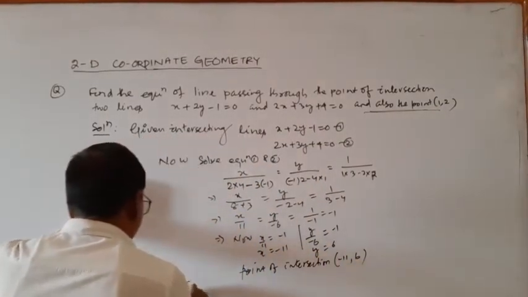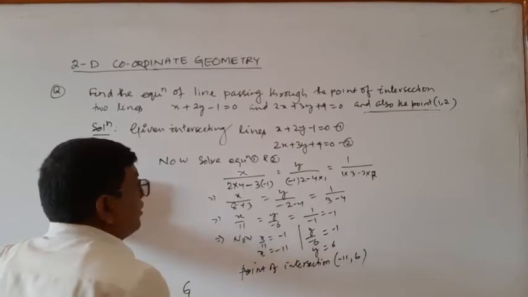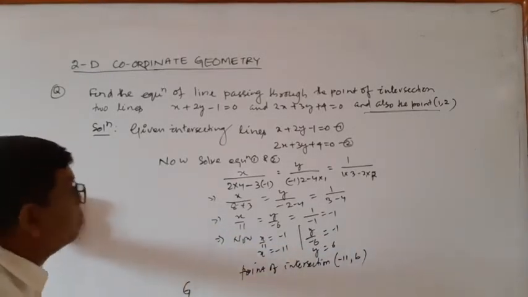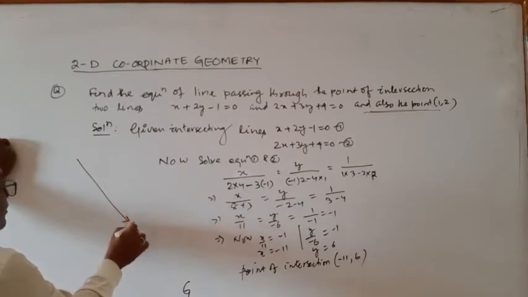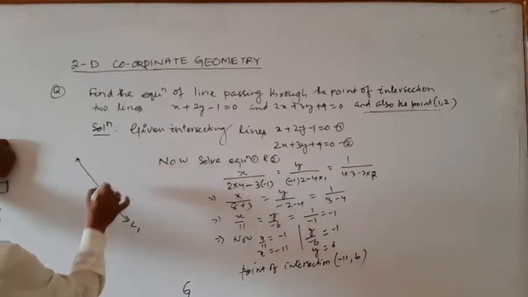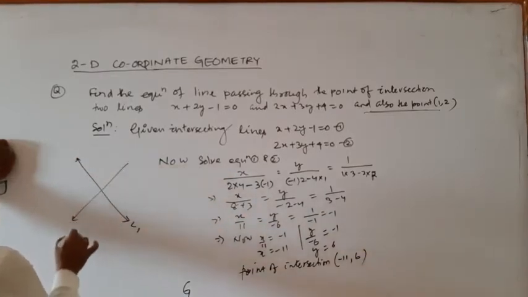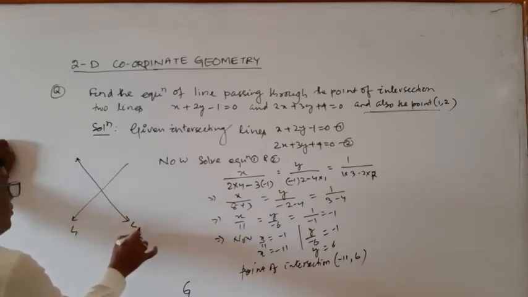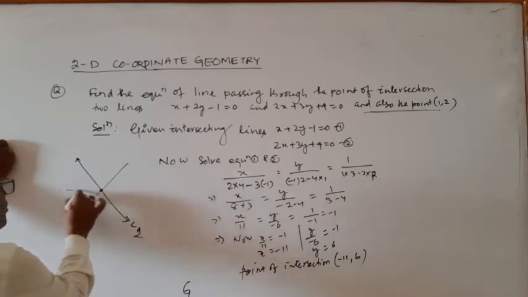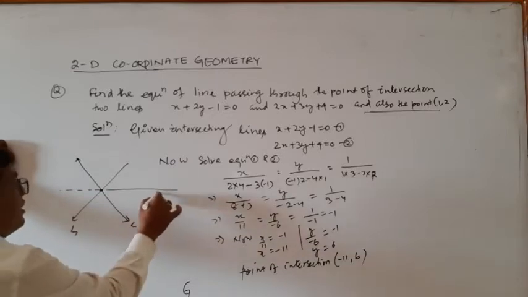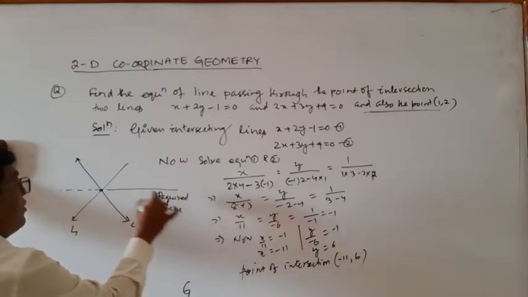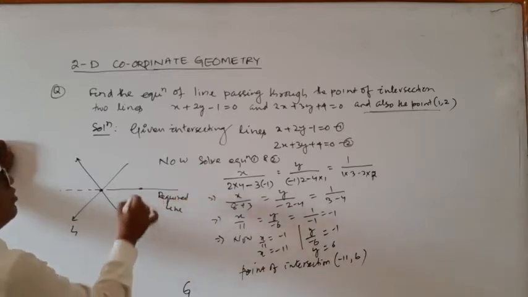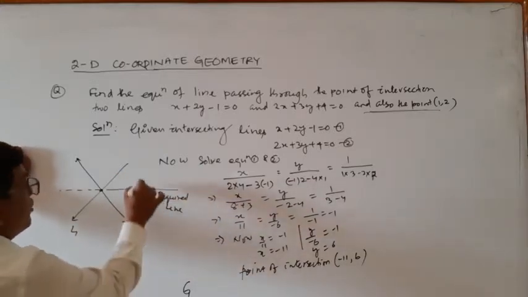Given that, this is the concept. Suppose this is line 1 and this is line 2. The required line passes through the point of intersection, and also passes through another point, suppose here that is 1, 2.